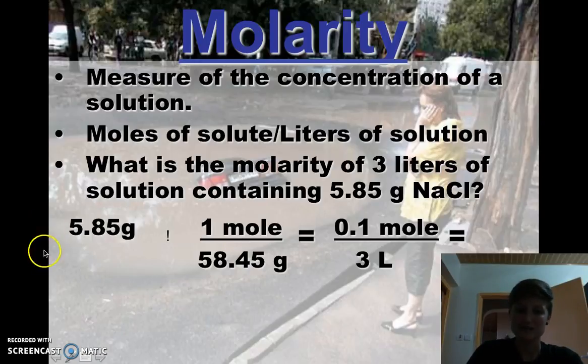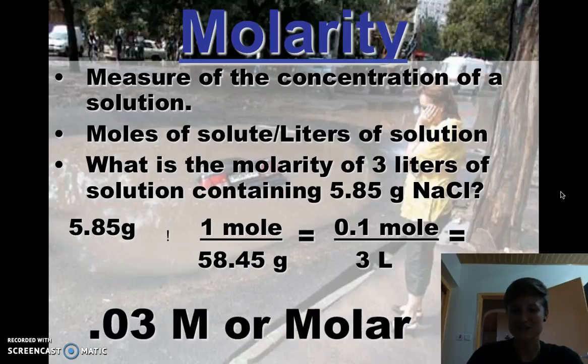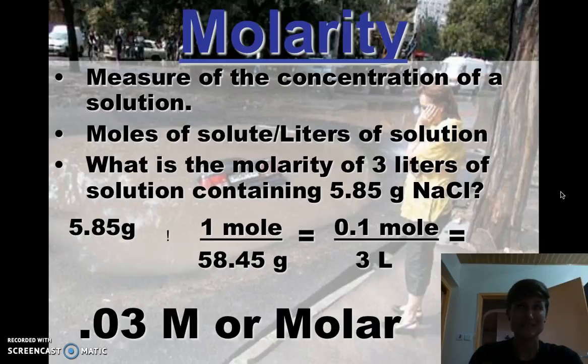Okay, so we had to do an extra step to go from grams to our molar mass to get moles, because we were not given moles, and it's moles of solute over the liters of our solution. Okay, and so your answer should be 0.03 M, which stands for molar. Okay, and we keep our answers in molar.